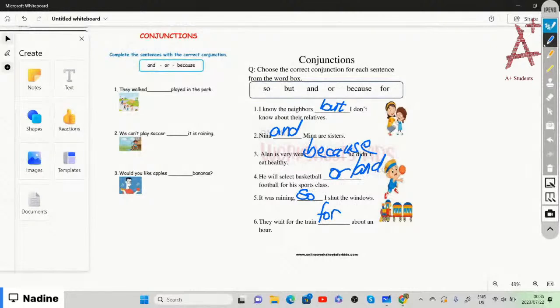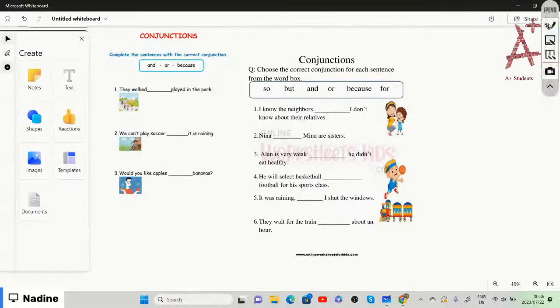And these are conjunctions. As much as we said the basic conjunctions are and, but, or, so, we also have words like so, but, and, or, because, and for. These are words that join other words, join phrases, or even join sentences. They join them together.